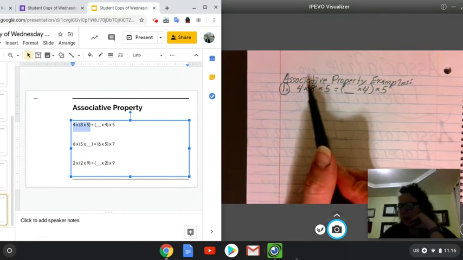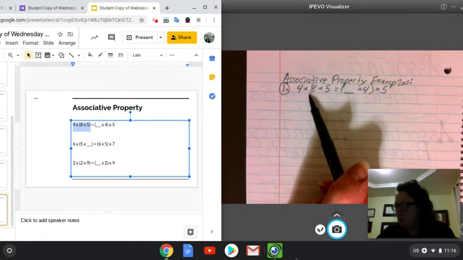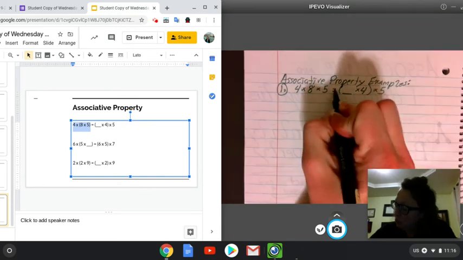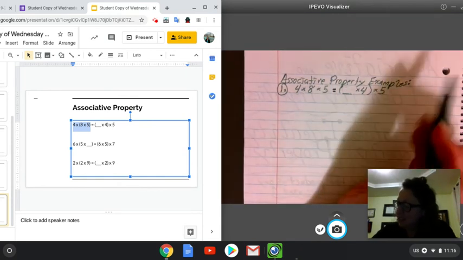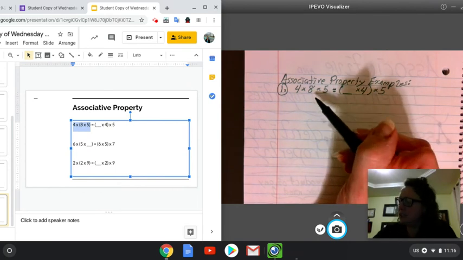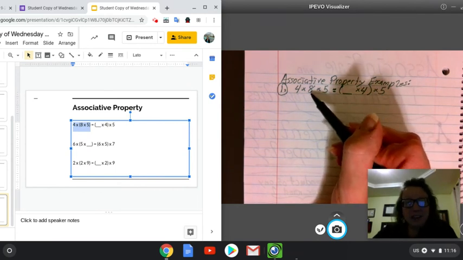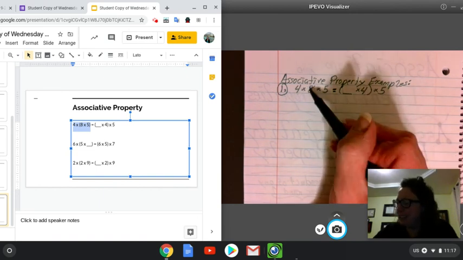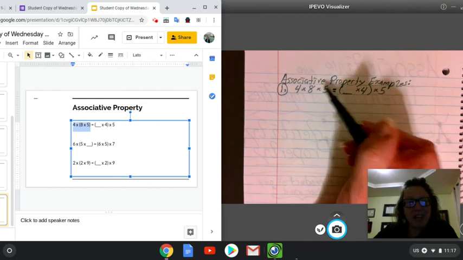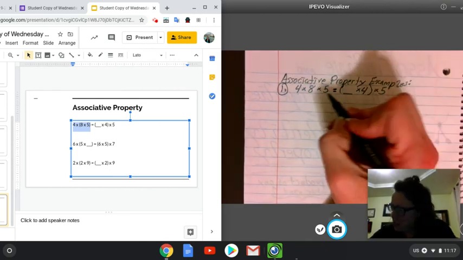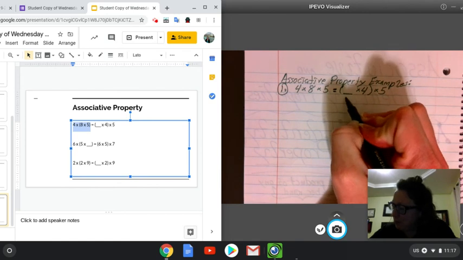Well, if over here I'm multiplying and my factors are 4, 8, and 5, well, that means that if I have a 4 and a 5 over here, what factor is over on the left side that you would need to put on the right side to make these balanced so that you have the same factors on each side? Great job. I would need to put an 8 right here.